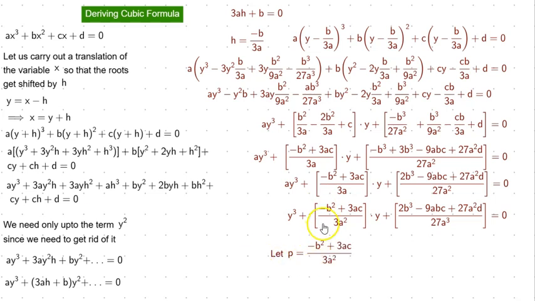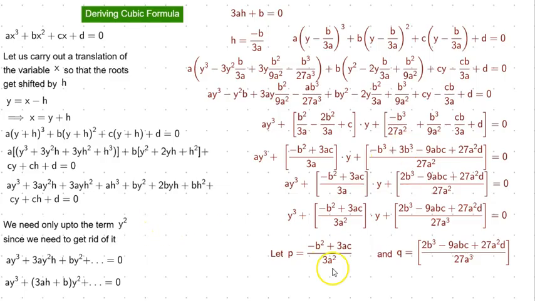Let p be equal to (minus b square plus 3ac) divided by 3a square, and q be equal to (2b cube minus 9abc plus 27a square d) divided by 27a cube. This is to make sure that we are able to take it further without writing these big expressions repeatedly.